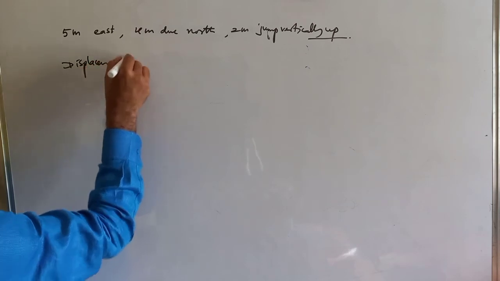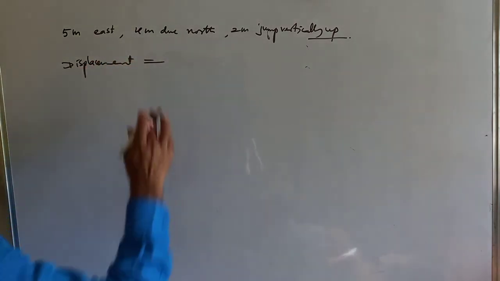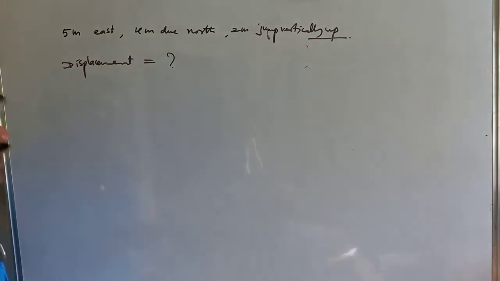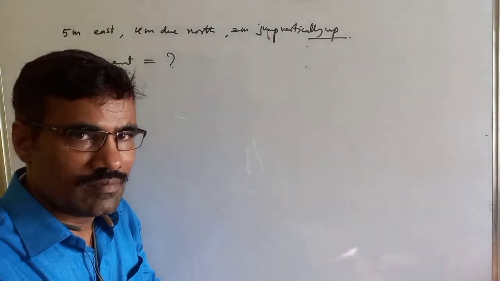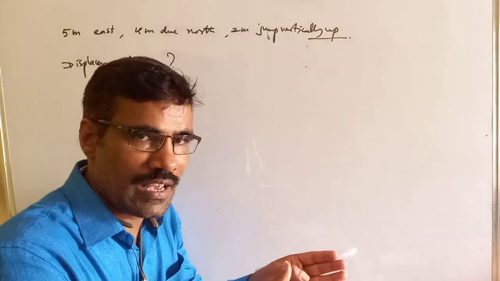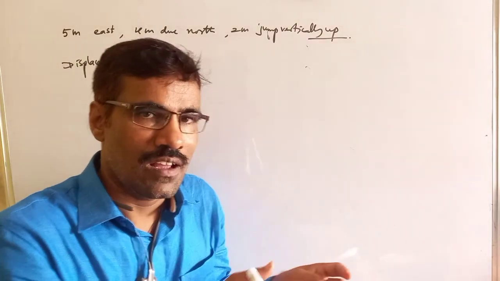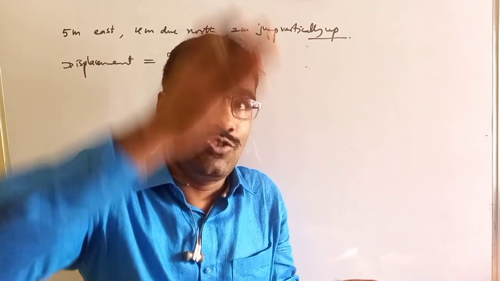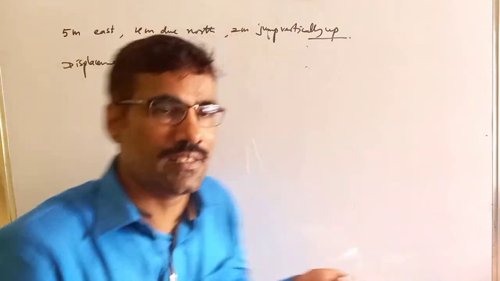So here east and north are perpendicular. East is along the x-axis, north is the y-axis, and jumping vertically upward is the z-axis.